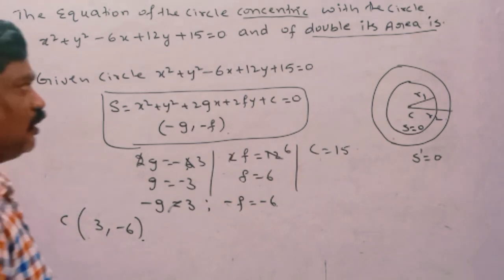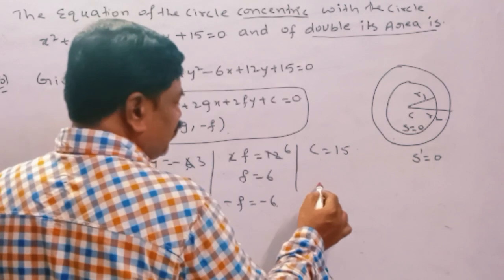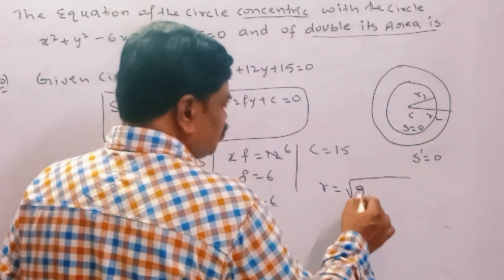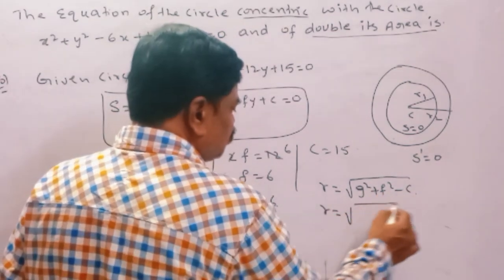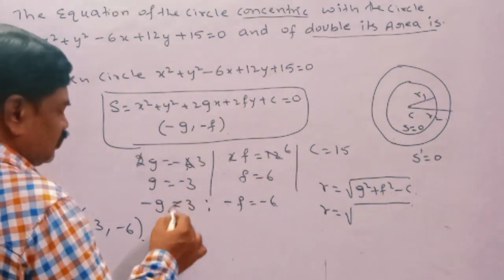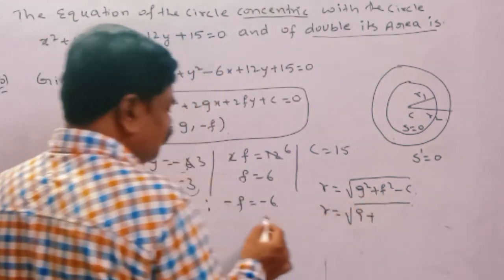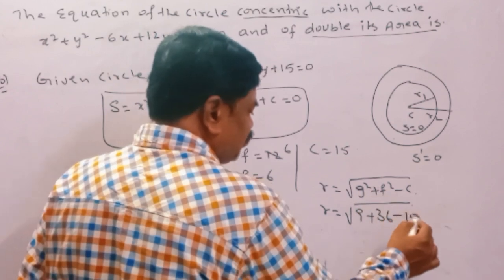And radius, double its area. So you have to find the radius. R is equal to root over g square plus f square minus c. So g square is 9 plus f square 6 square is 36 minus 15.